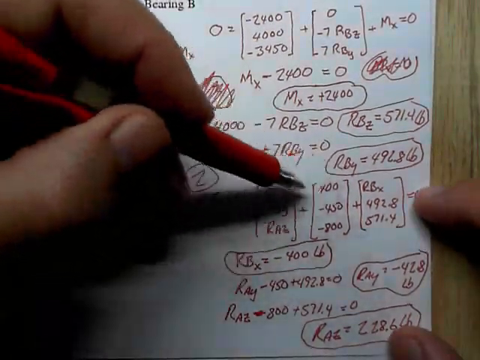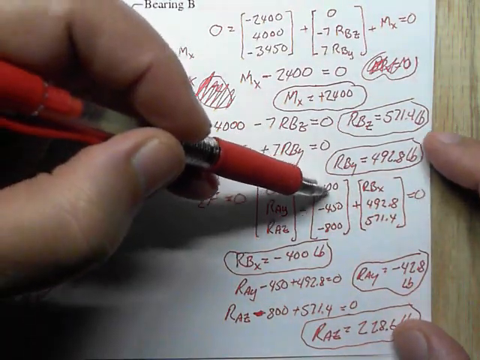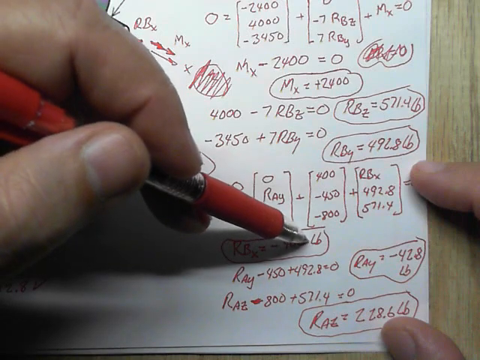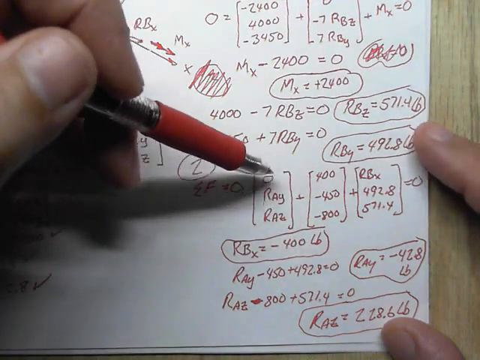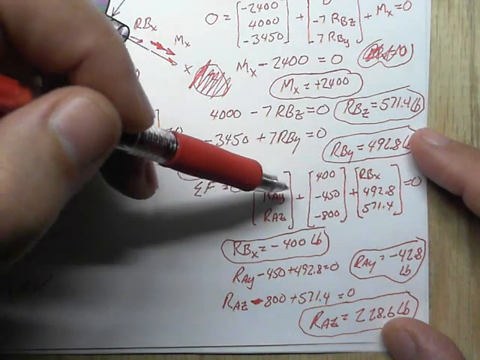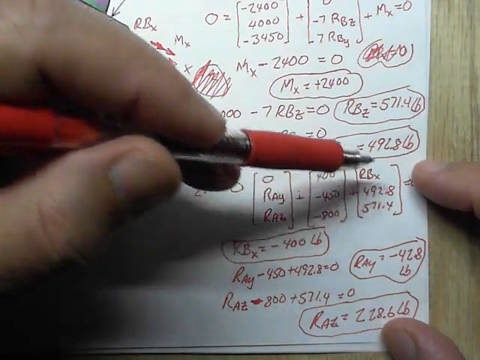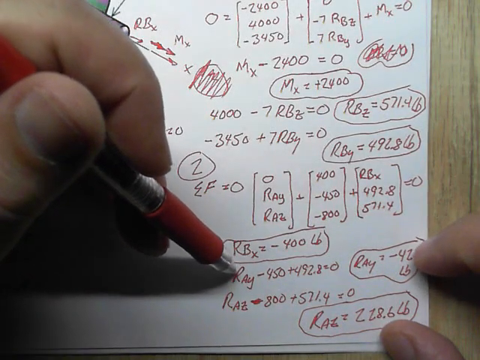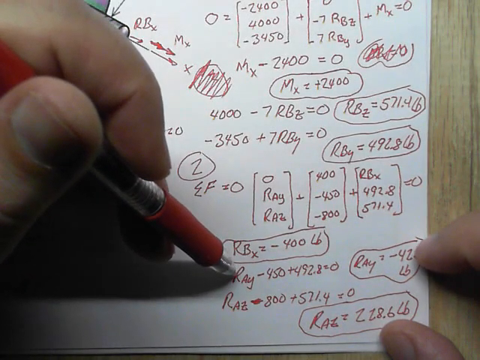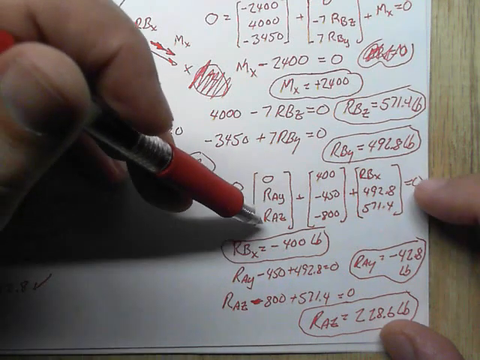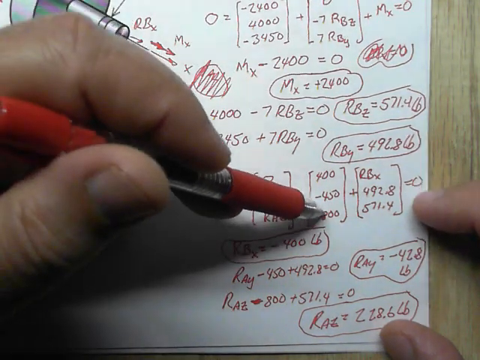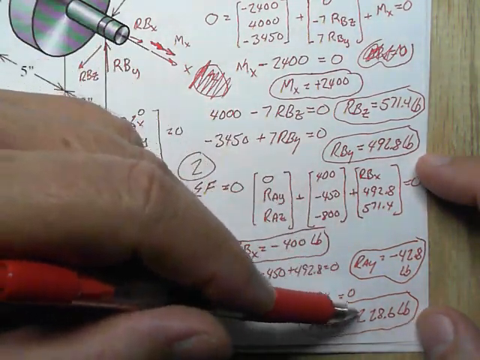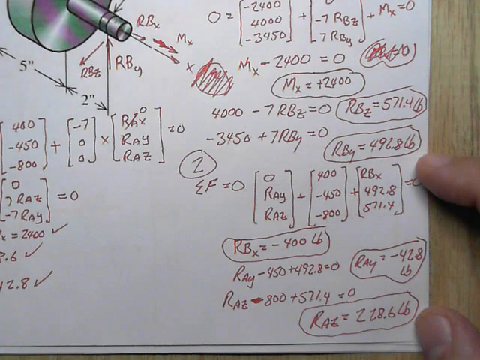The first equation is 400 plus RBX equals 0, which gives RBX equal to minus 400. The second equation is RAY minus 450 plus 492.8, which gives an RAY of 42.8 pounds in the Y direction. The third one, RAZ minus 800 plus 571.4 equals 0, gives an RAZ of 228.6 pounds.